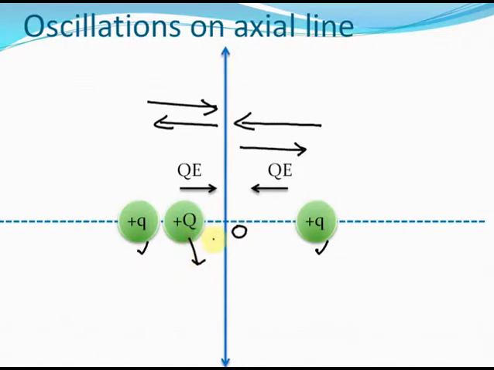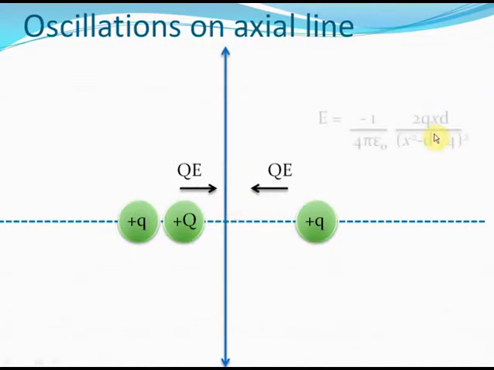We can calculate the restoring force on this plus Q charge, like the value of this QE and this QE can be calculated because we already know the value of electric field inside the charges on the axis of a two positive charge system, isn't it? In our previous calculations, we had calculated the net field inside the two charge system to be minus 1 by 4 pi epsilon naught into 2qxd divided by x square minus d square by 4 whole square.